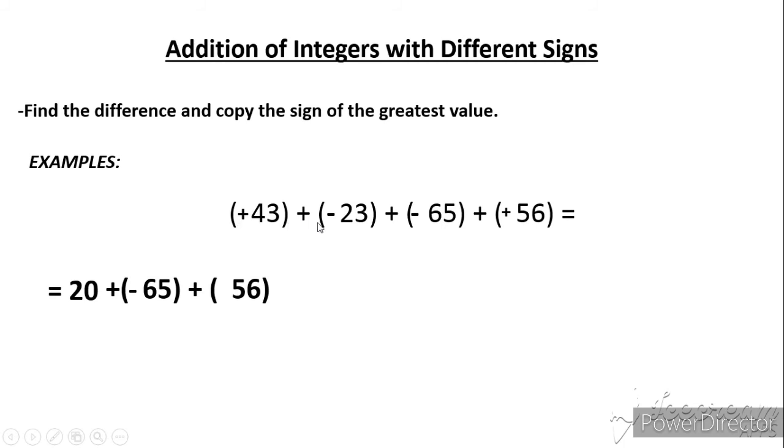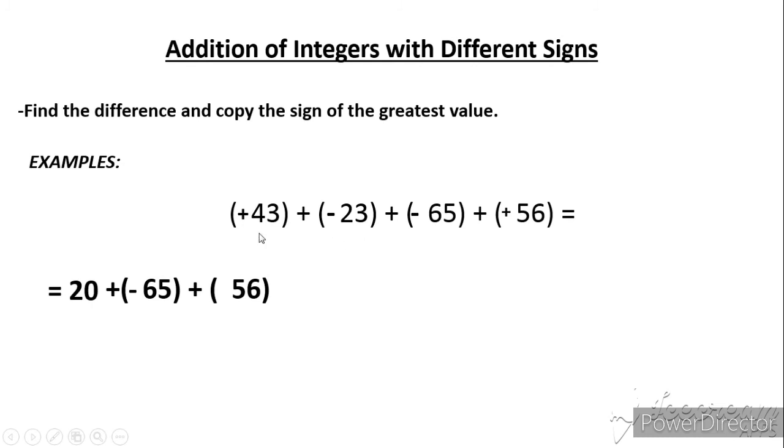Positive 43 plus negative 23 plus negative 65 plus positive 56. So I will solve first 43 plus negative 23, that is subtraction.